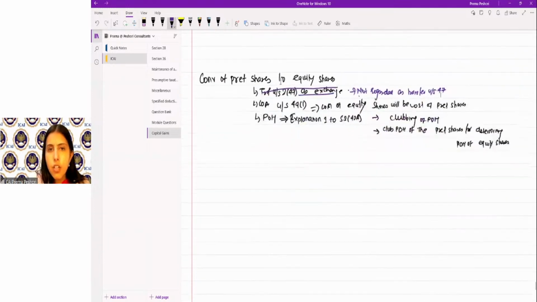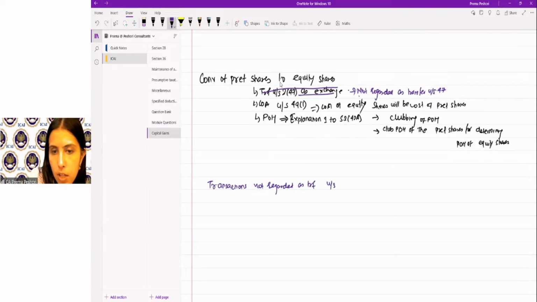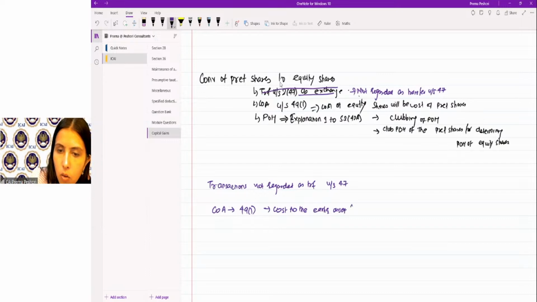So understand a general principle, which is most of the time applicable: when transactions are not regarded as transfer under section 47, then the cost of acquisition is under 49(1), which is the cost to the earlier asset or owner, right?